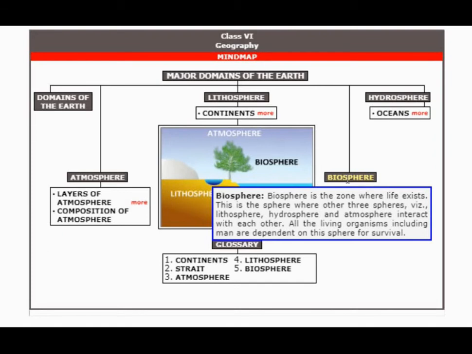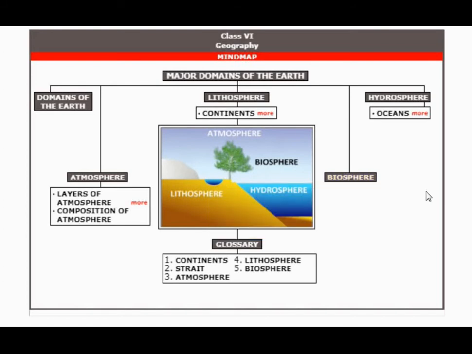All the living organisms including man are dependent on this sphere for survival. Is it clear, children? Yes, these are the things you learnt in the lesson. So the glossary words are continents, strait, atmosphere, lithosphere and biosphere. Is it clear? Yes.